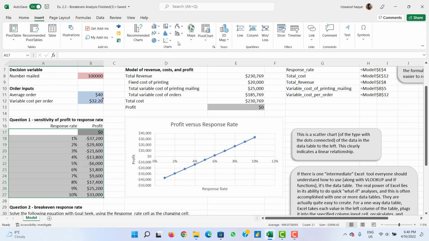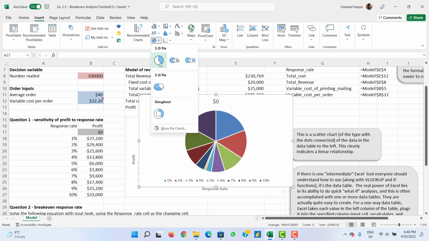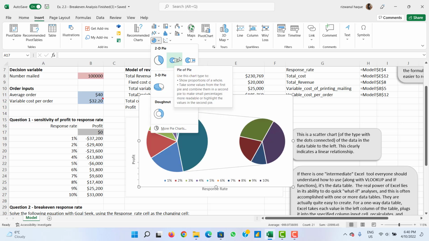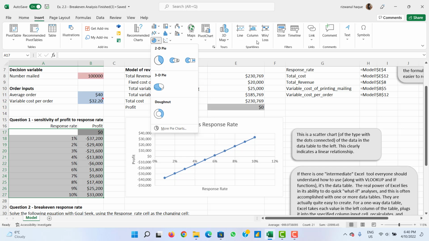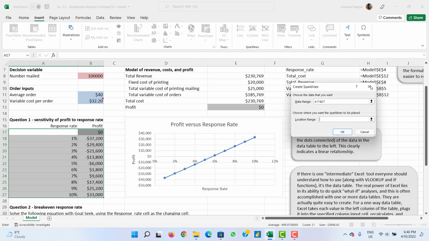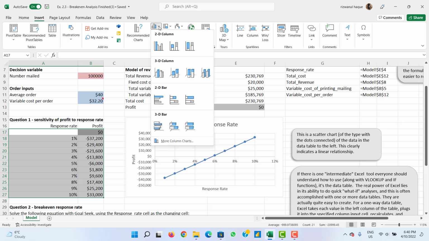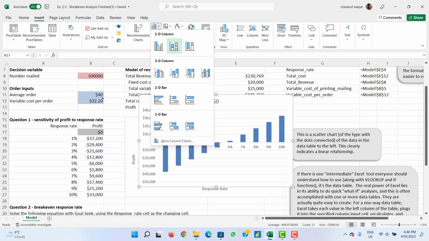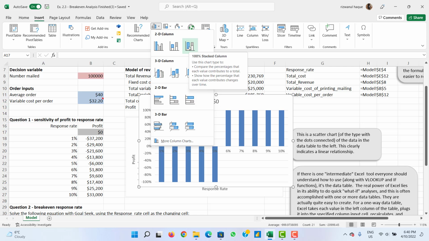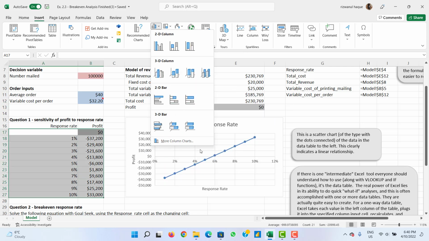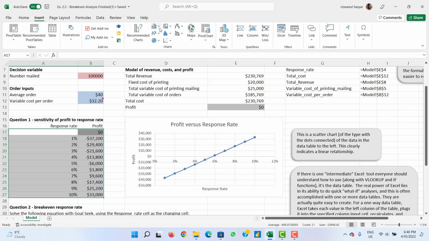Insert, click, and you can see there are different chart options: scatter chart, which will show you this way, line chart, column, stacked column, or many other options to show you something new.